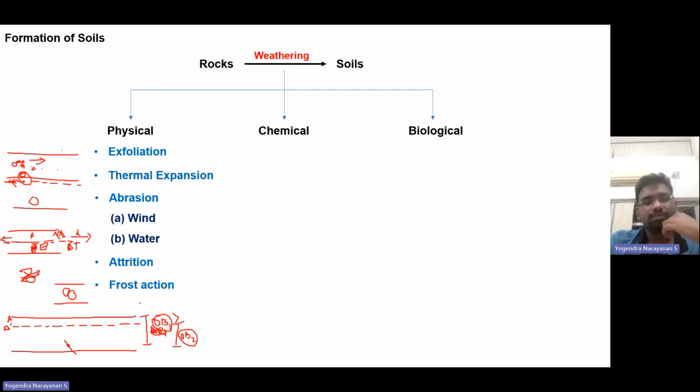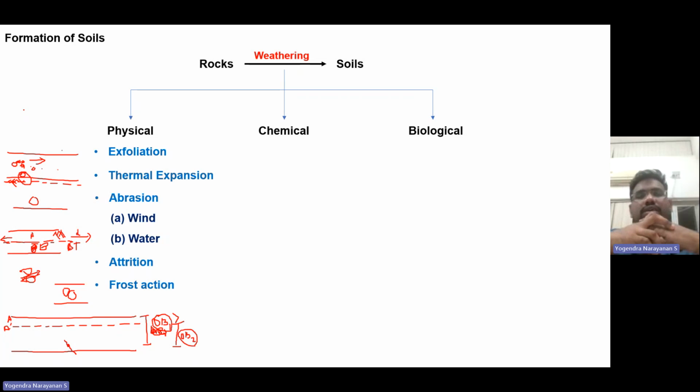Now coming to frost action. We know that some rocks contain pores, and the pores are usually filled with water. Usually in permafrost conditions or during extreme winters, water in the pores freezes. When this water freezes, as we all know, it expands; the volume of ice is greater than the volume of water. Then, as temperature increases, there will be thawing.